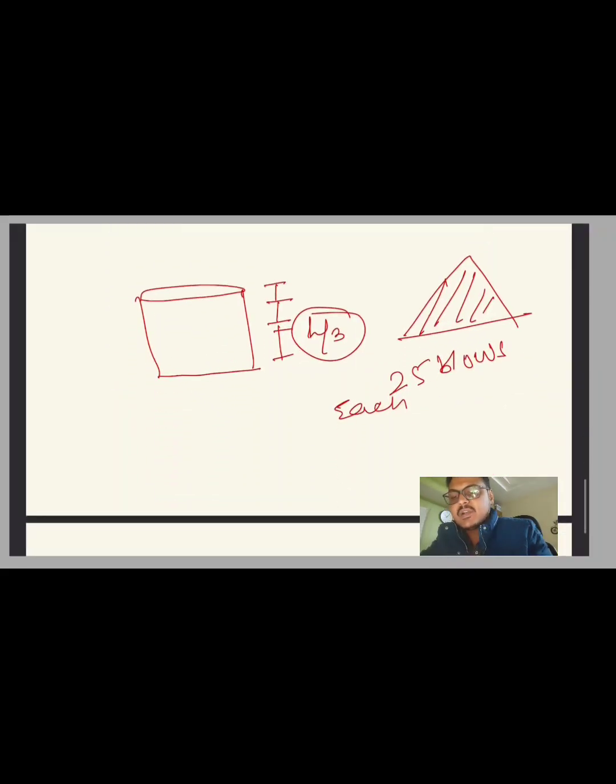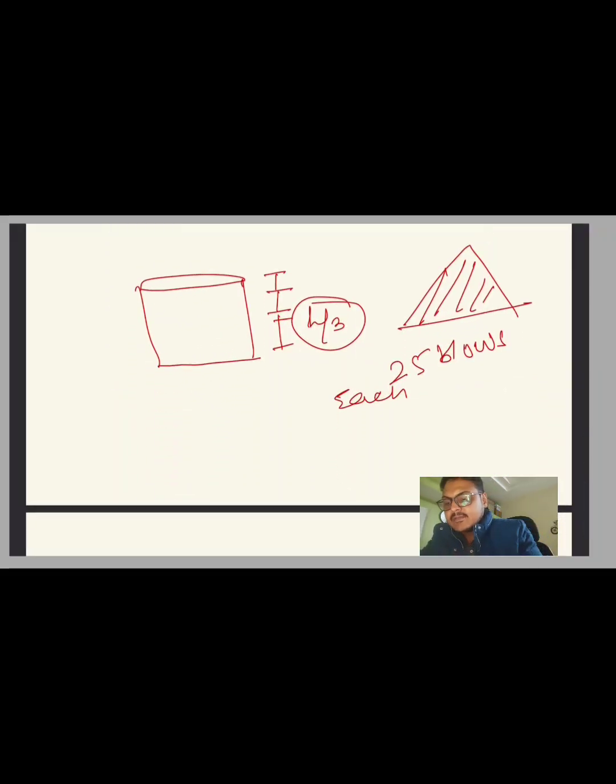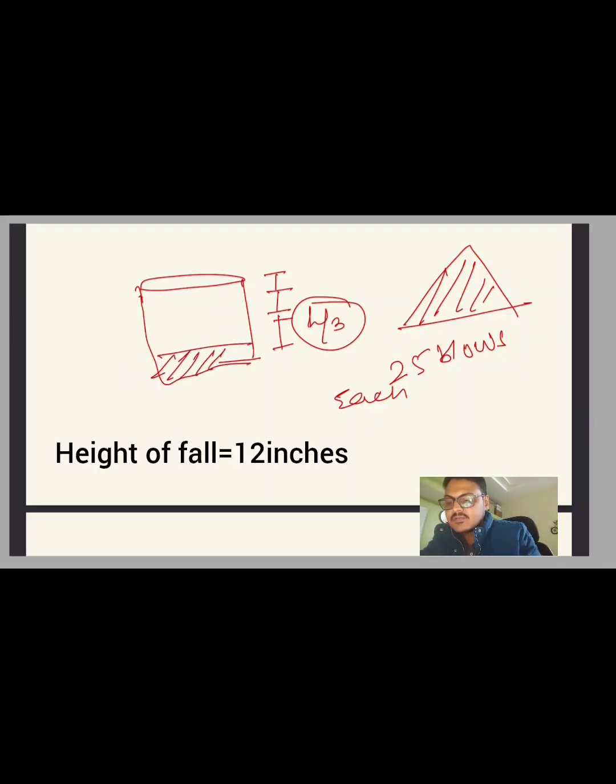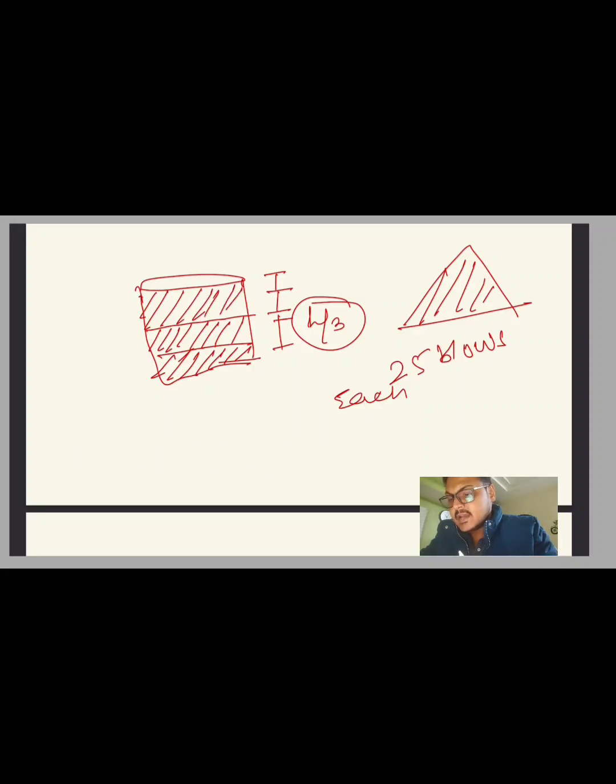After the compaction of the first layer, we follow the same process for the second layer, and then we continue for the third layer also. When we have done the process, we remove the collar, take out the soil sample, and calculate the weight of the soil.